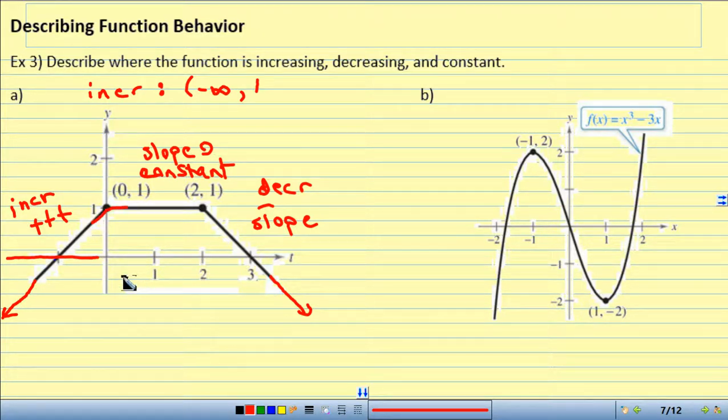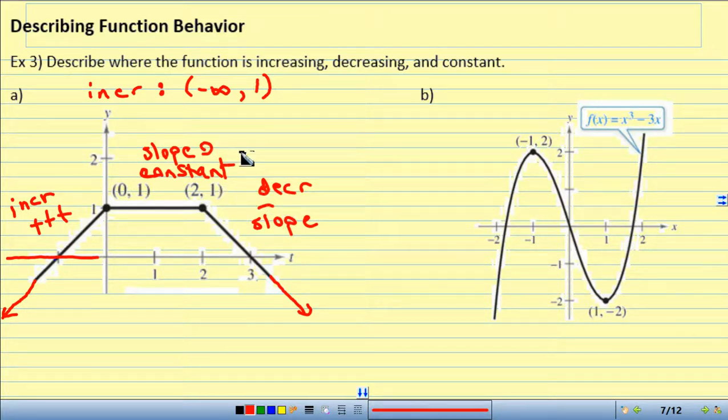If you are ever given a corner, I can't say whether at 1 it's increasing or decreasing, because if I draw my tangent lines, I can draw many different tangent lines at that point. So I can't say anything definitive about that point. That's a critical point right there, but I can't say anything definitive. So I'm going to say from negative infinity to 1, not including 1, it's increasing.